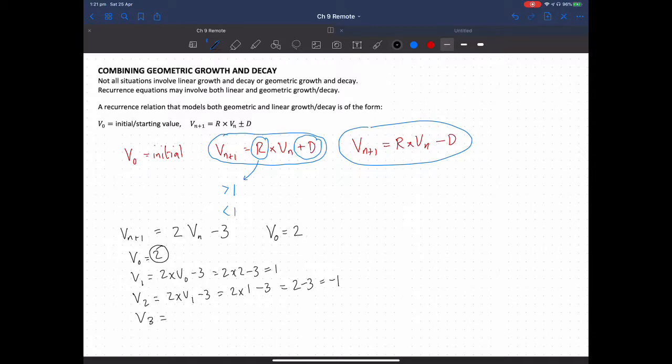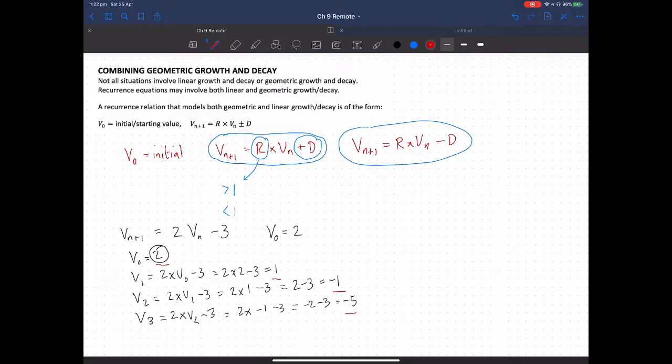If we go to work out V3, 2 times V2 minus 3. 2 times V2 is 2 times negative 1, which is negative 2. So we've got negative 2 minus 3. Negative 2 minus 3 is negative 5. So you can see that we've gone 2, 1, negative 1, negative 5. We have been decreasing in value.